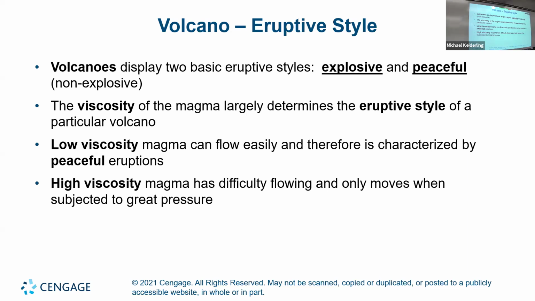With an explosive eruption, lava is more viscous. It has difficulty flowing, so it tends to plug the vent until pressure builds up enough to break the plug out. And that means that eruption is incredibly violent, because a steady, continuous flow is much more peaceful and much less dangerous than a sudden, violent release of pressure.